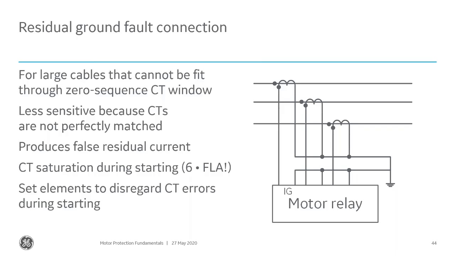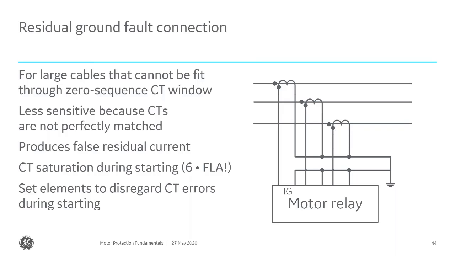There's not a lot of difference between this residual connection, what we will see inside the relay, and a calculated neutral. So for that reason, rather than complicate my wiring, I would typically just use calculated neutral rather than this residual connection. It makes the wiring simple.